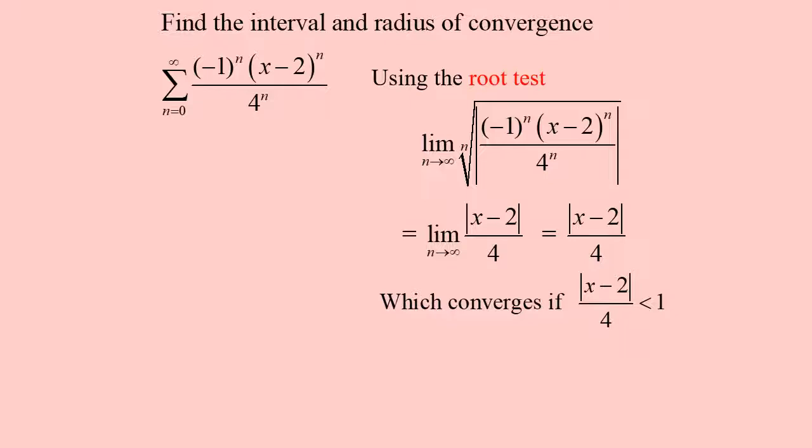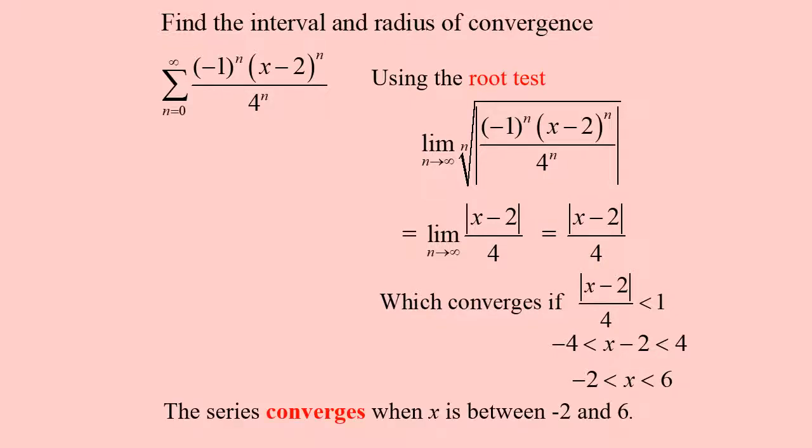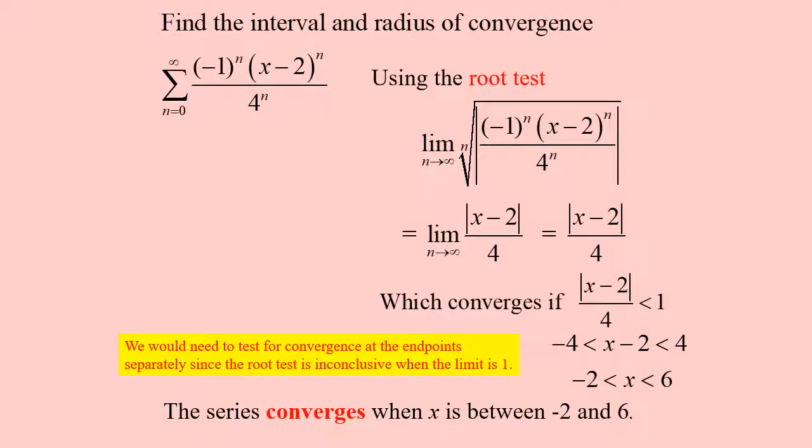And the root test says that it converges if that is less than 1. So we set that less than 1 and solve for x. That gives us our interval of convergence except for the end points, which we must test separately.